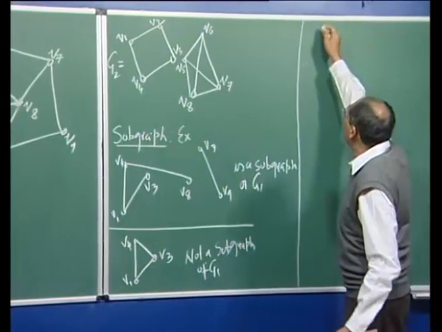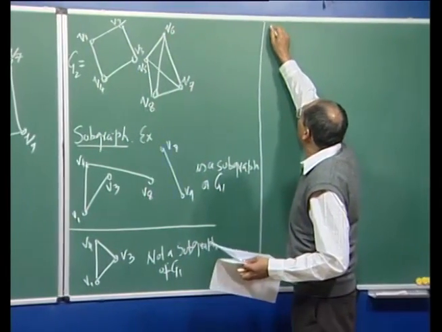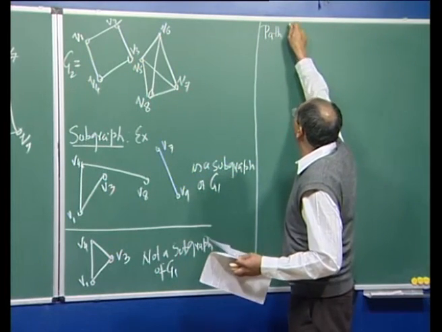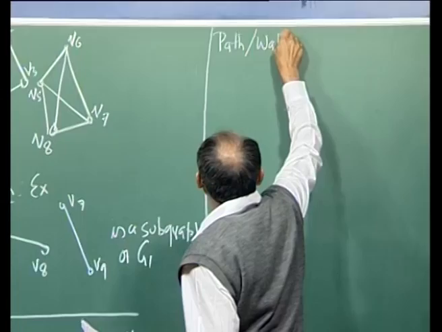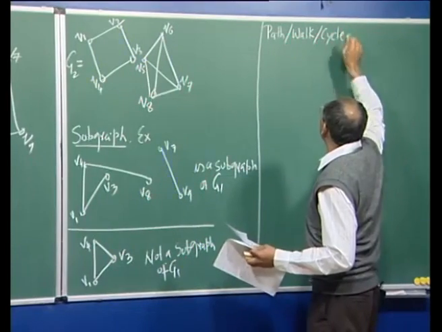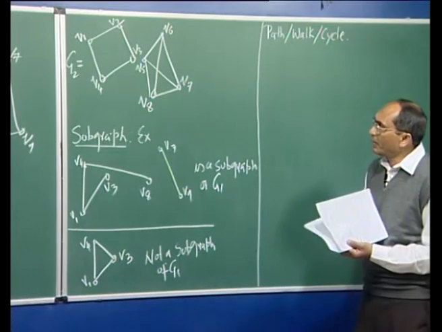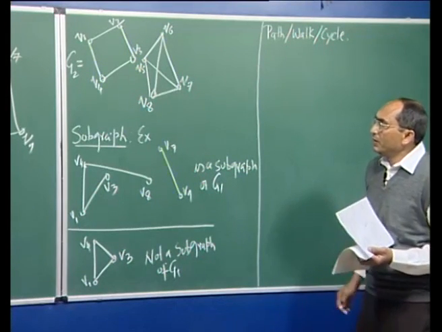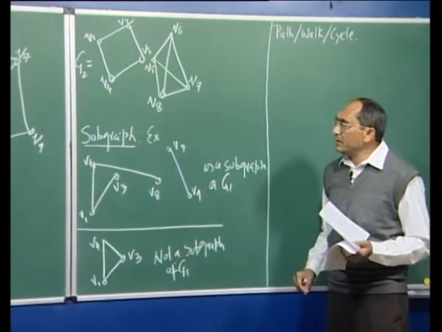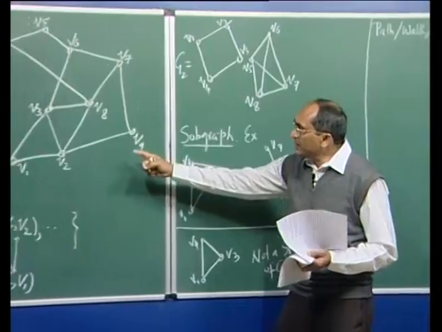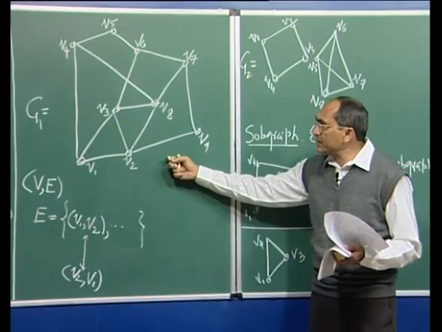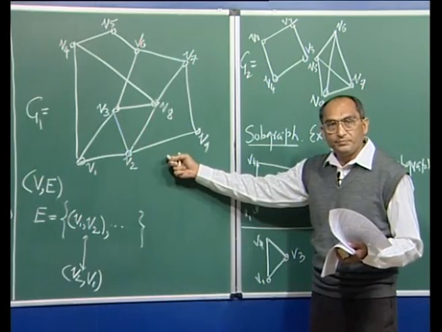The next concept is that of a path, walk and a cycle. A path is a sequence of vertices of the graph such that every successive vertex pair has an edge between them.